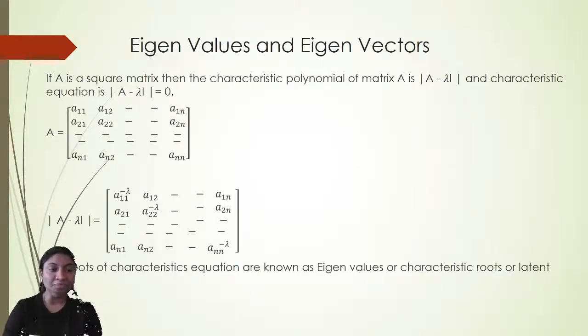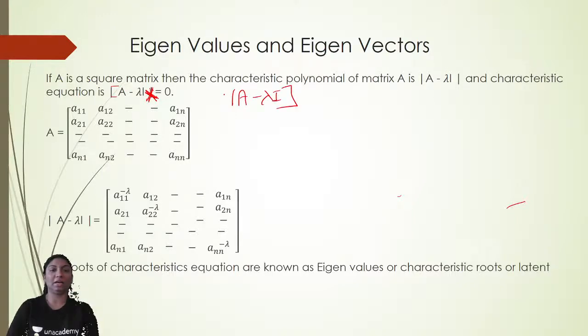If A is a square matrix, then the characteristic polynomial of A is the determinant of A minus lambda I, and the characteristic equation is the determinant of (A minus lambda I) into X equal to 0. So this is our characteristic equation: (A minus lambda I) X is equal to 0.